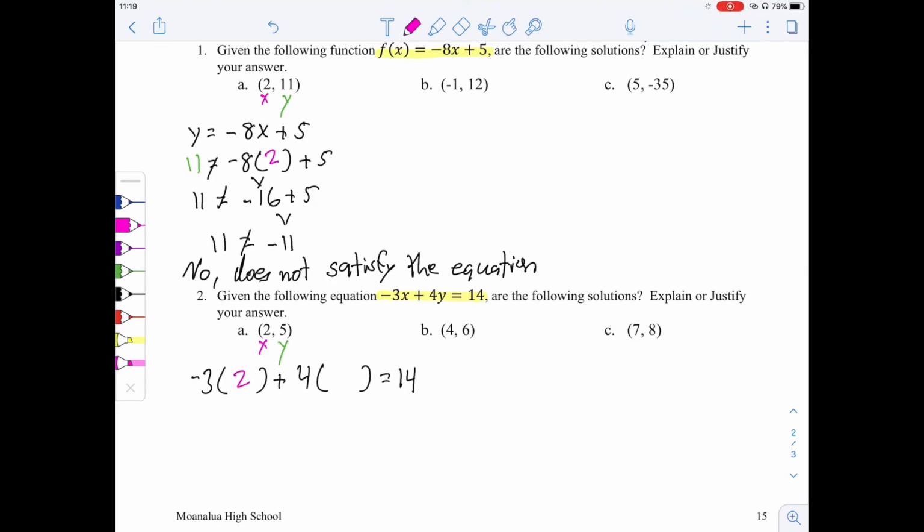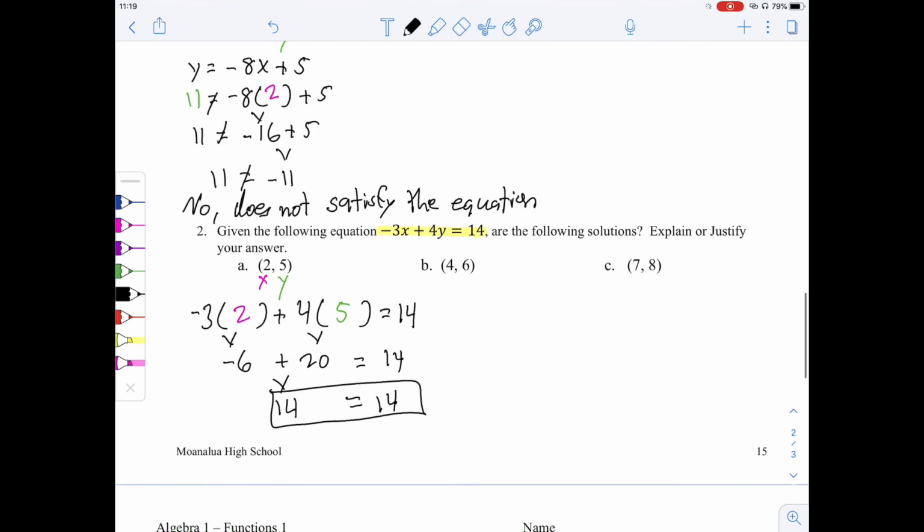Our y value is 5. And we will calculate that out. So -3 times 2, -6. 4 times 5, positive 20. -6 plus 20 is 14, and that matches up, 14, 14. So that is correct. So is it a solution? Yes, because it satisfies the equation.